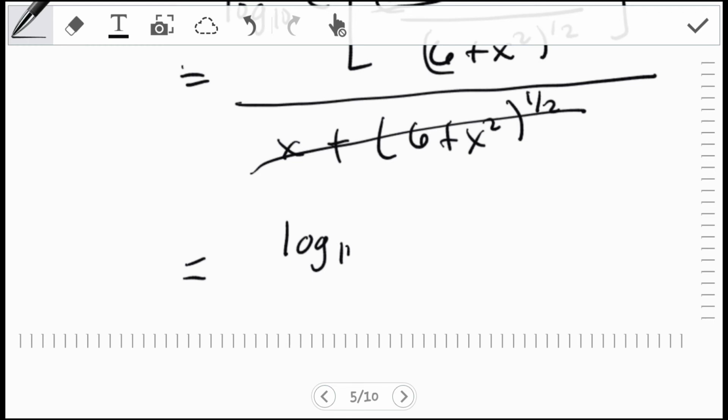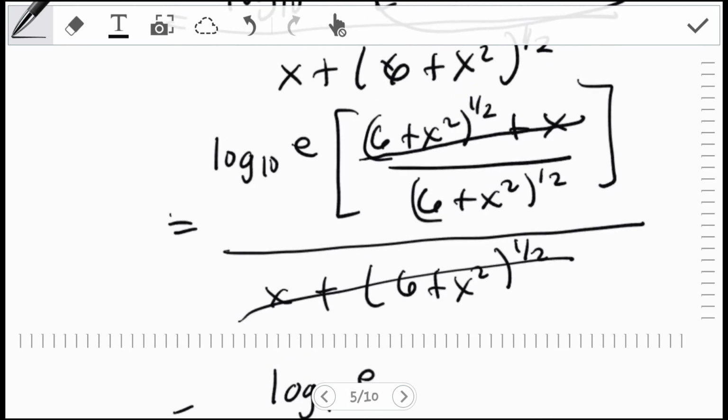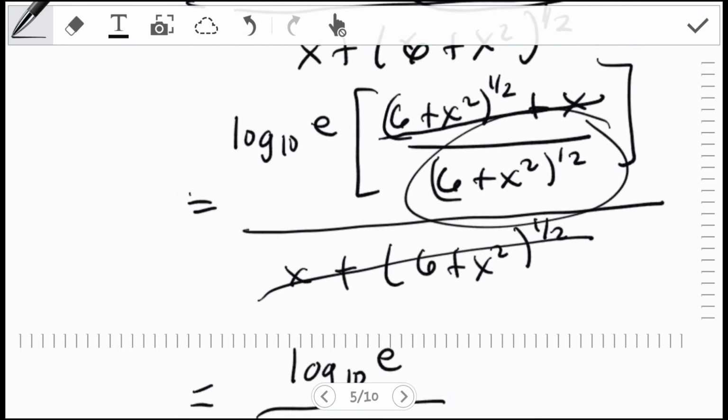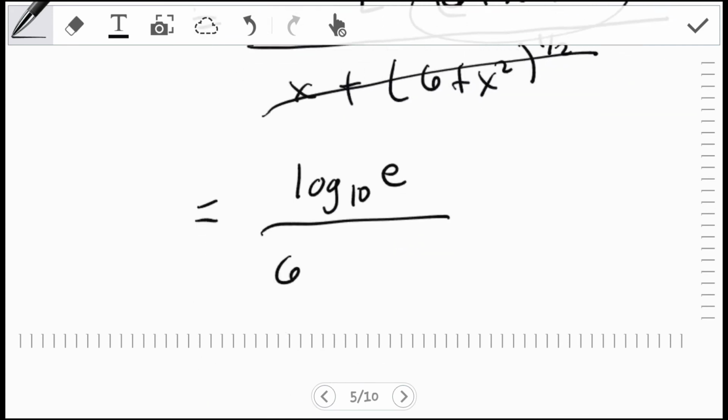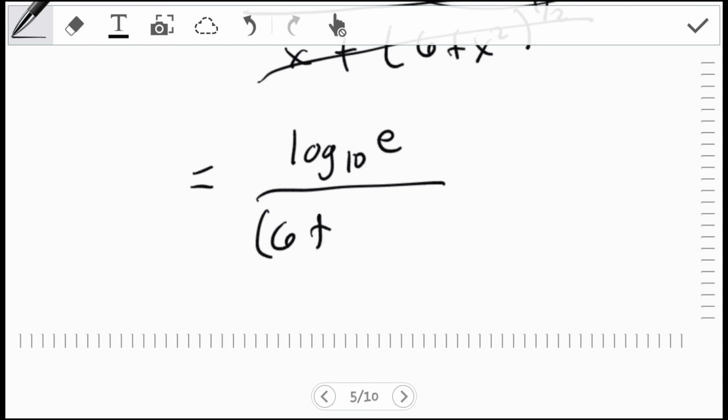The quantity of 6 plus x squared to the power 1/2.